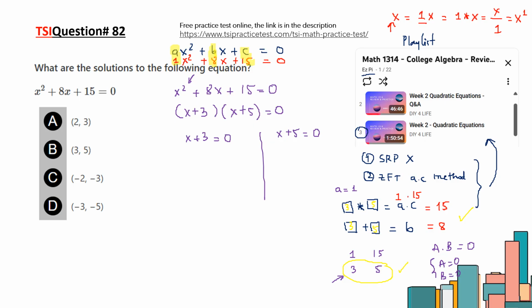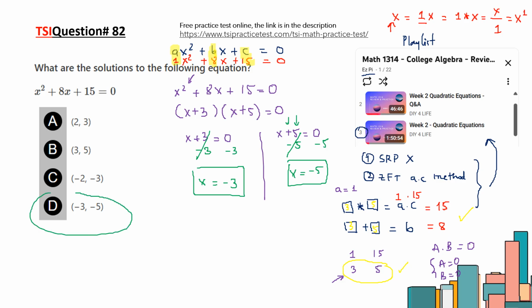For the first one, we subtract 3 from both sides, so x equals negative 3. For the second factor, we subtract 5 from both sides, so x equals negative 5. So x equals negative 3 or negative 5 is the solution. So D is the correct answer.